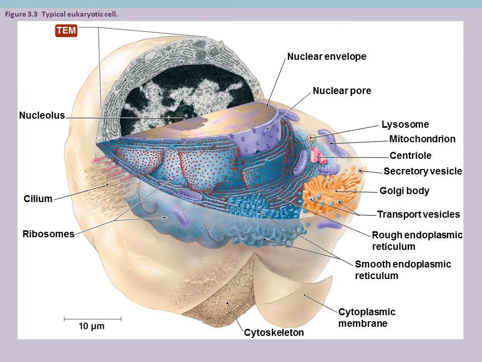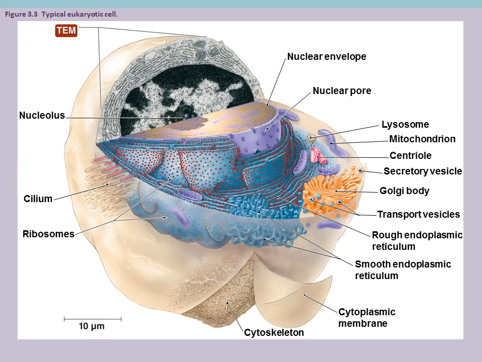And this is a representative drawing of a eukaryotic cell. Just as the previous picture of a cell, part of it is actually a TEM, which is a transmission electron micrograph that allows you to see the more three-dimensional internal structures, and then the schematic drawing added to it. So you can see that there is the nucleus. The DNA is going to be found inside the nucleus.